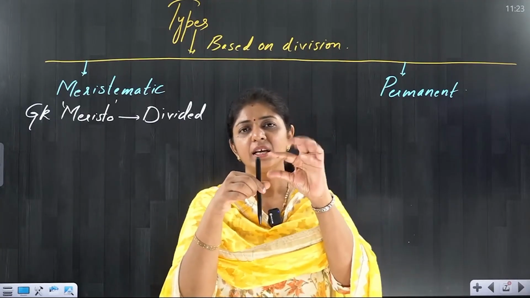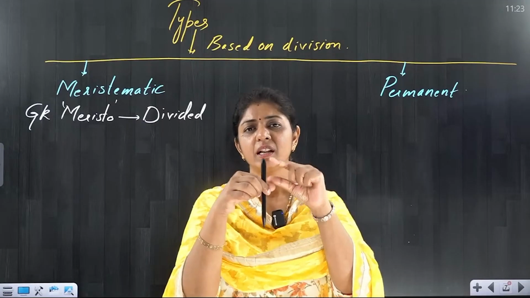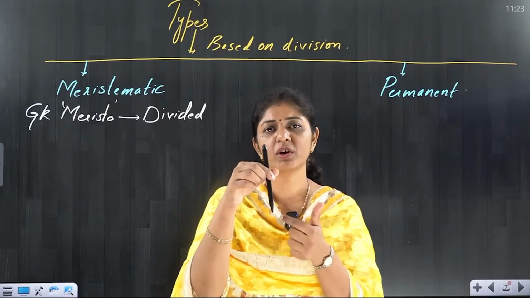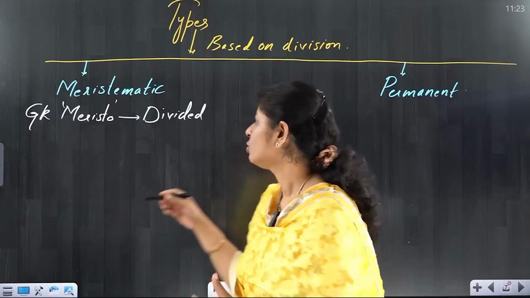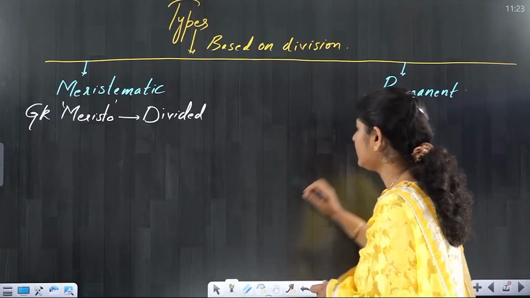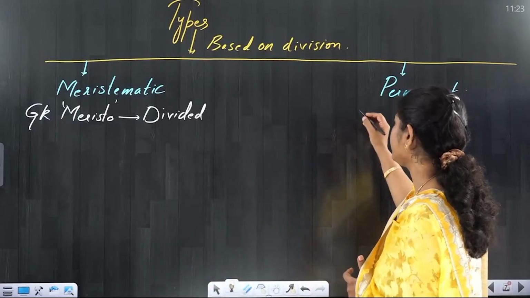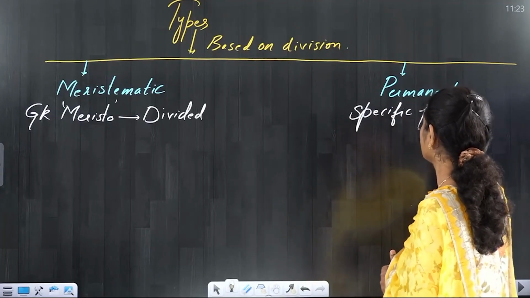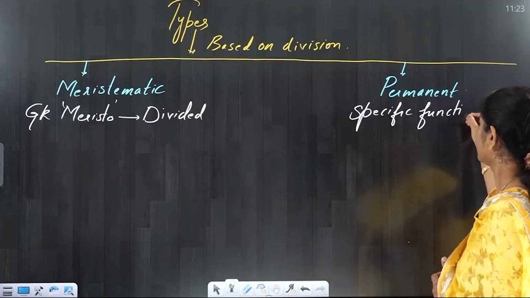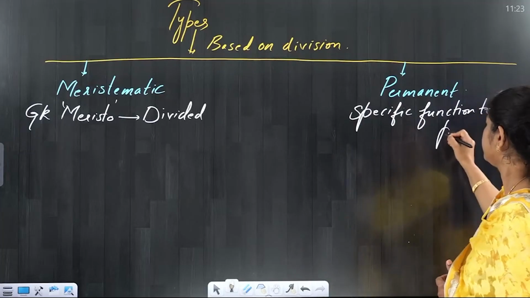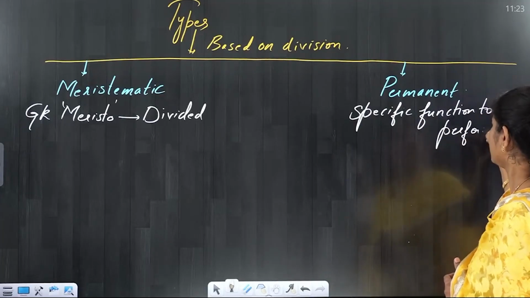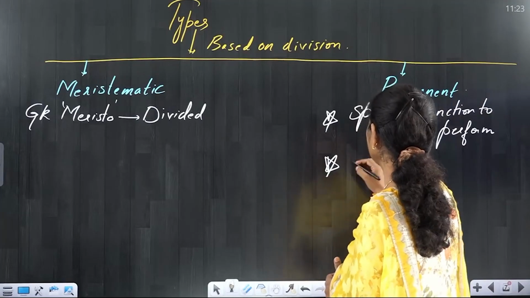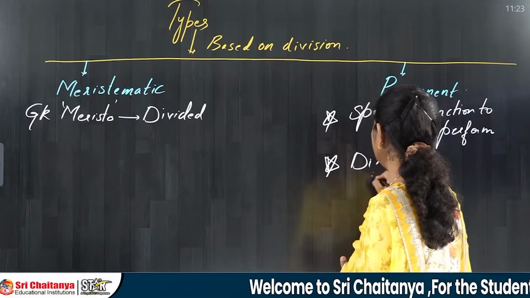So this part has which cell? Permanent cell. The tip has which cell? Meristematic cell, which keeps on dividing. Are you getting that? So what is a permanent cell? Now they have a specific function to perform, right? And they are going to be differentiated.